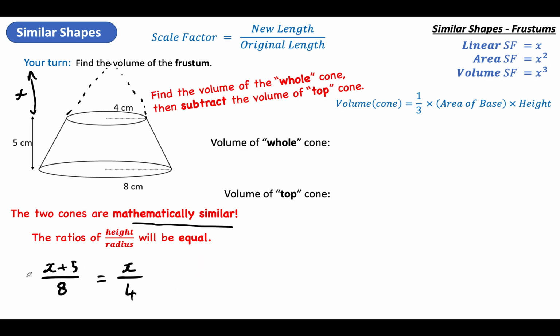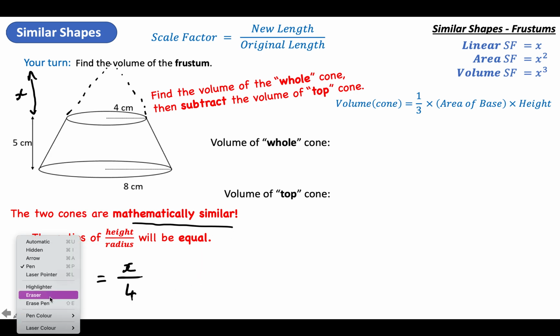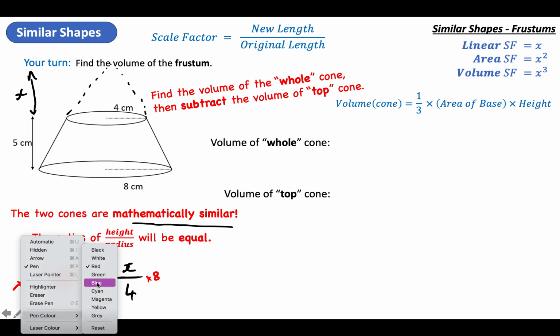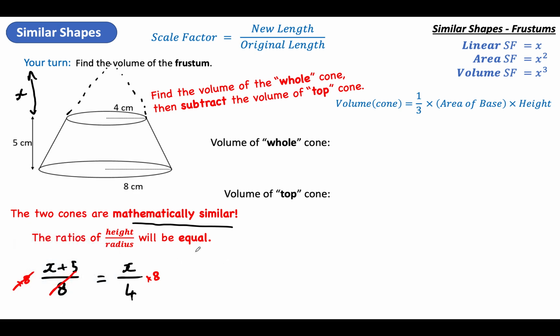Let's first of all change my colour on my pen. I'm going to times both sides by 8, which will cancel out that fraction there. I'm just going to write the answer over here. So that's x plus 5 equals 8x over 4.